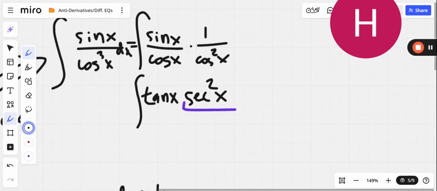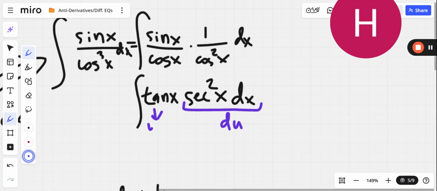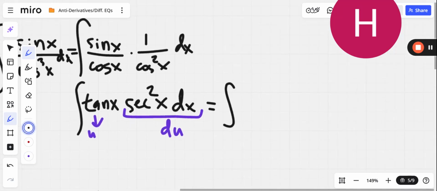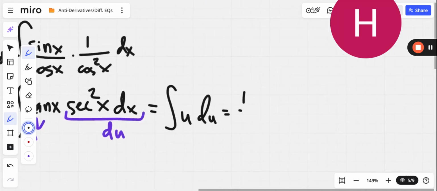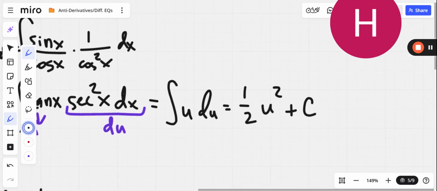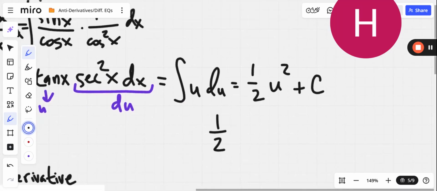There's a dx that's supposed to be chilling. This would be my du if tangent is my u. So let's see exactly how that works. That's going to be the integral of u du, which is simply 1/2 u squared plus c. But if I put the u back, this is 1/2 tan squared plus c.